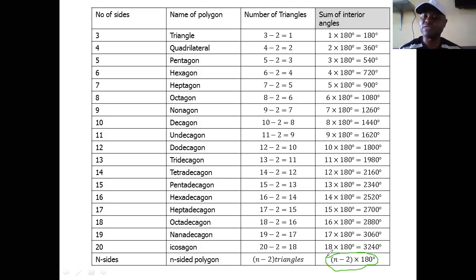It is still correct, and n minus 2 times 180 degrees is still correct. Remember, n stands for the number of sides of that regular polygon.